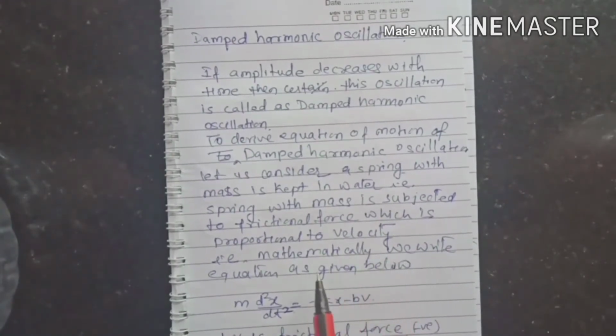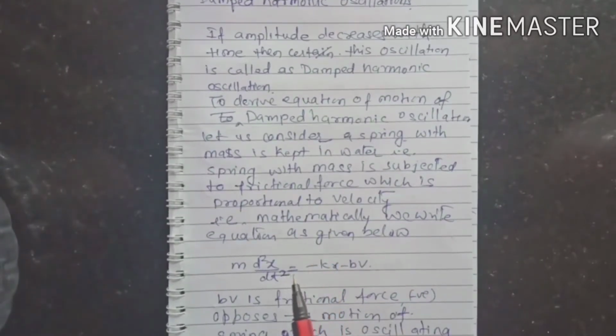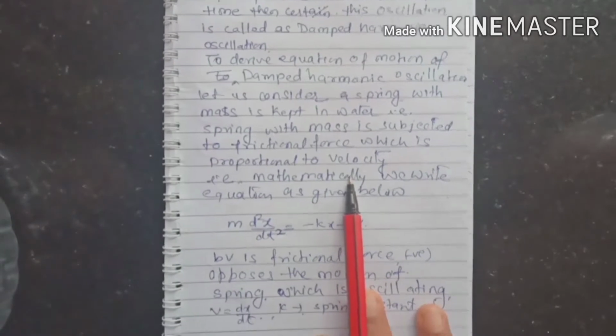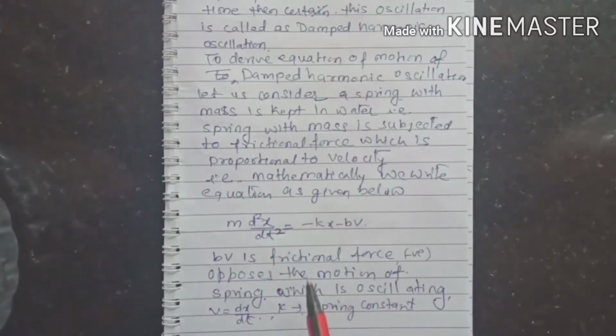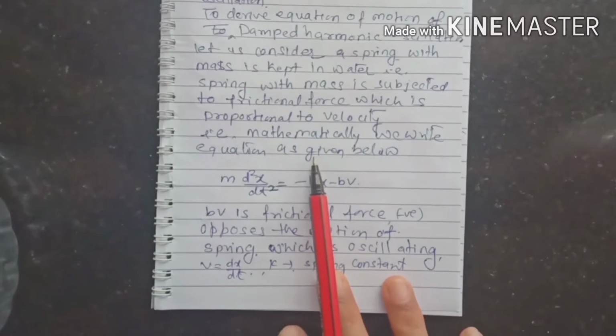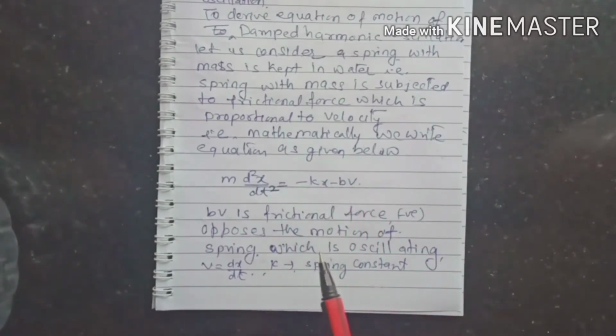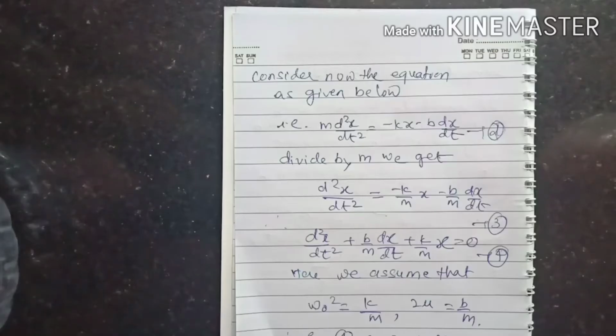Mathematically, we write the equation as m d²x/dt² = -kx - bv, where bv is the frictional force which opposes the motion of the oscillating spring. Here velocity is given by v = dx/dt.